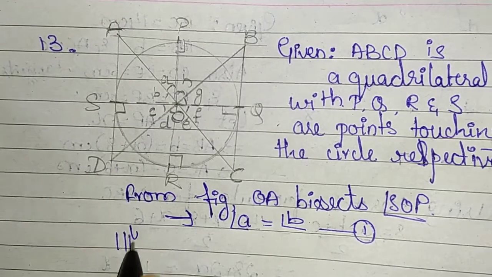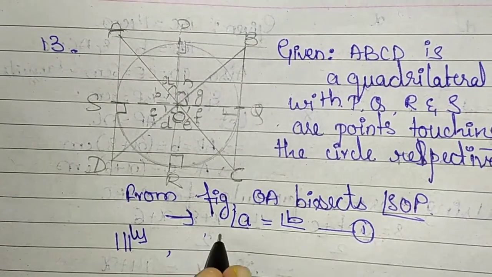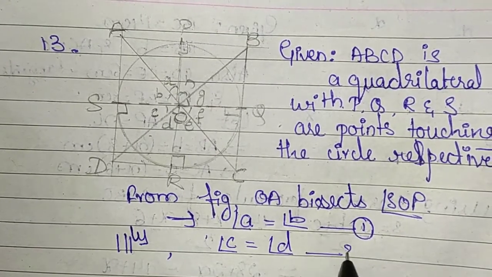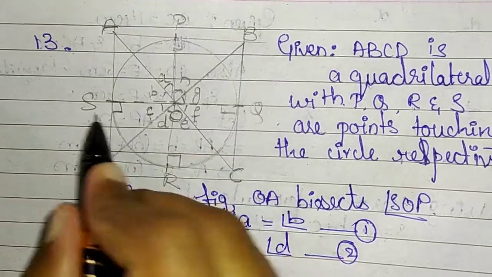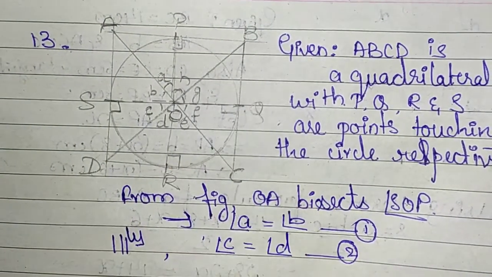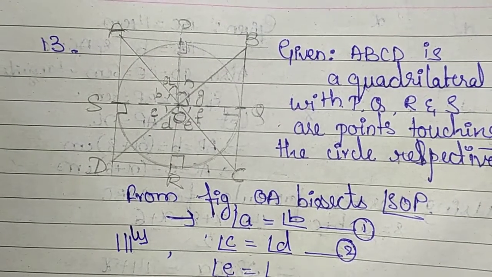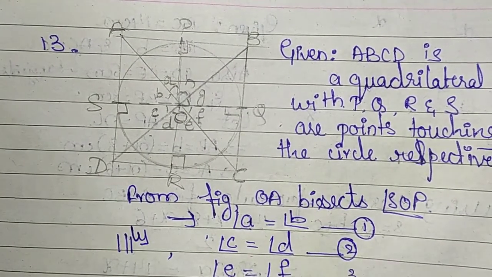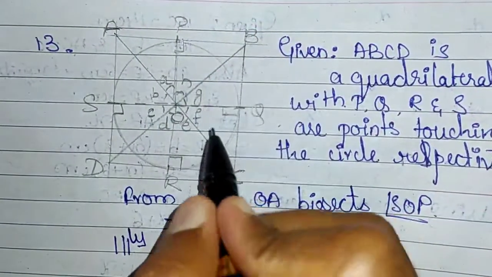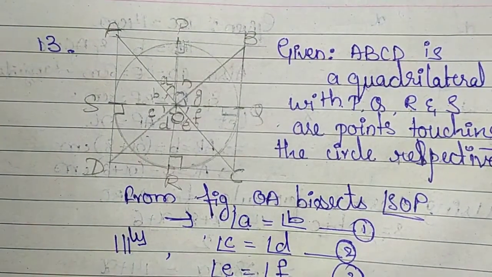Similarly, angle C is equal to angle D. This is second, because OD bisects angle SOR. Similarly, OC bisects ROQ. We will get angle E is equal to angle F. This is result 3. And lastly, OB bisects angle POQ. We will get angle G is equal to angle H.